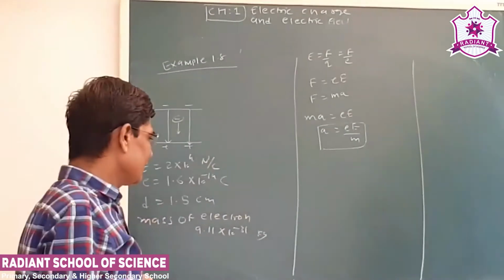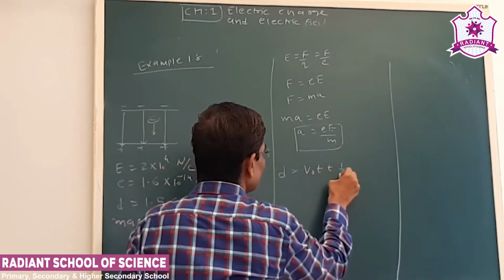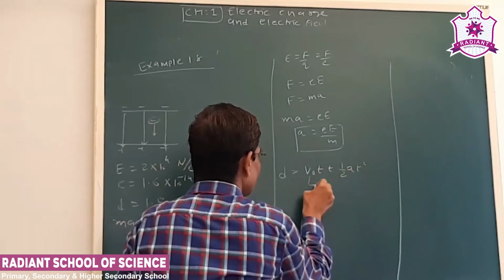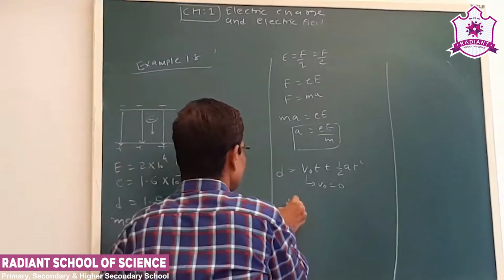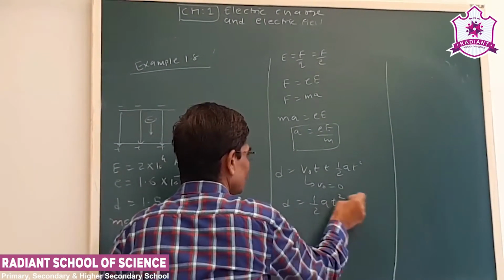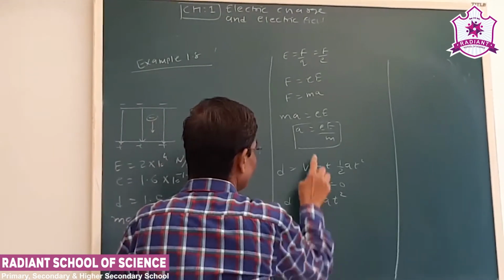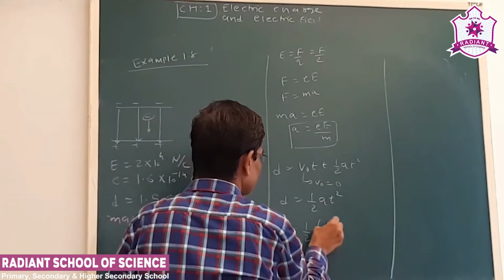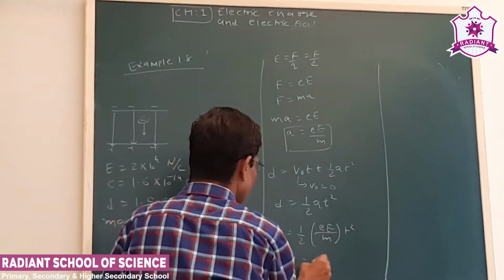Now the distance is given, so we use the distance formula: d is equal to 0 plus half a t square. Here the initial velocity of the electron is 0. So what is the equation here? The value of a we have just now obtained, so d is equal to half eE by m t square, and t square will be 2dm upon eE.